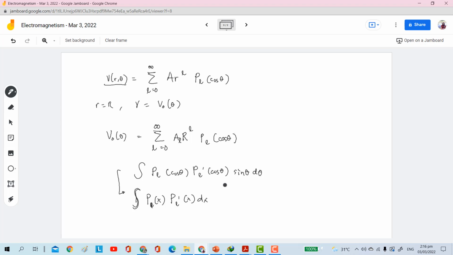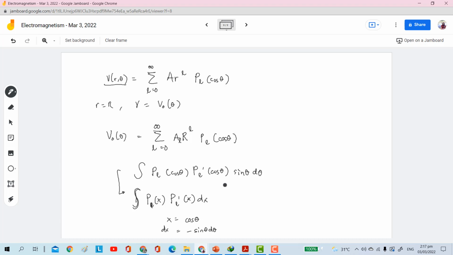Where theta is equal to katong n pi a over b, something like that. Okay. So, this one, since ang atong x diri is cosine theta, so x is equal to cosine theta, therefore dx is equal to minus sine theta d theta. No?